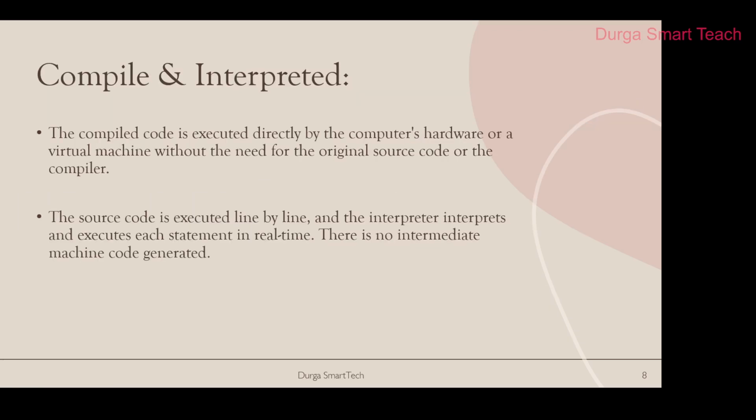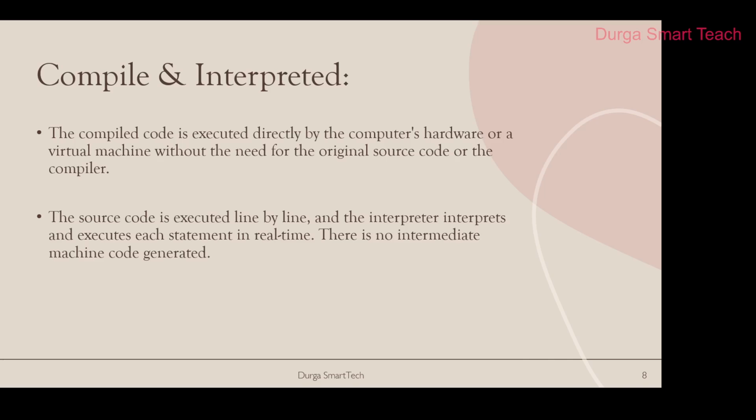Next one is compiled and interpreted. C is known as a compiled programming language, but Java is a compiled and interpreted programming language. I already said that Java is a high level programming language, but our computers can understand only low level programming language. That's why compilers and interpreters are used for translation.